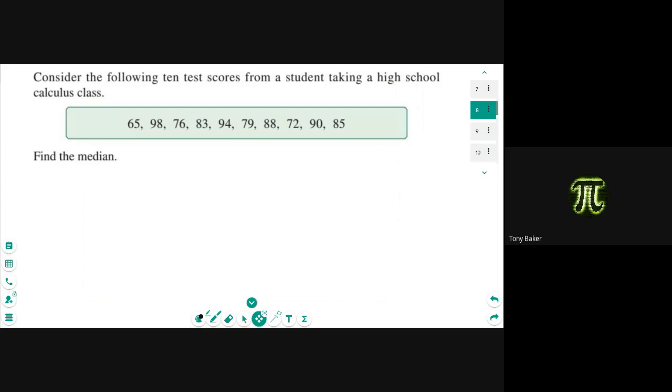All right, so our median for this one is 84. Your middle two numbers were 83 and 85. So 83 plus 85 divided by 2 is 84.